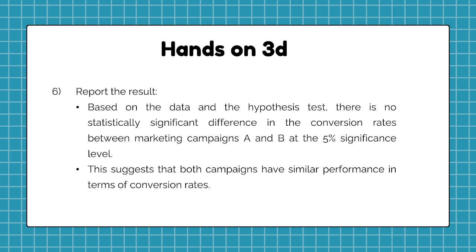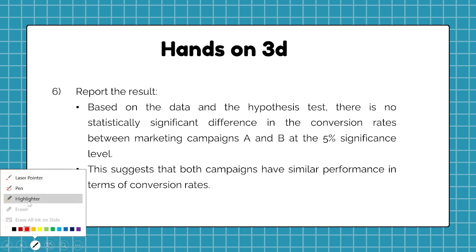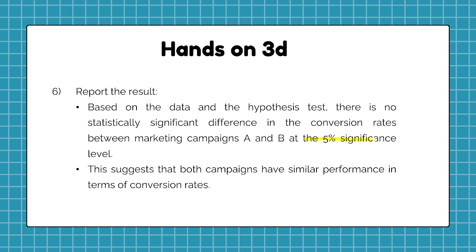From the data and the result, based on the p-value, because the p-value is greater than your alpha, we conclude there is no statistically significant difference in the conversion rate between campaigns A and B at the 5% significance level. In result reporting, it is very important to include the value of the significance level, because you can base it on 5% or maybe 1%.